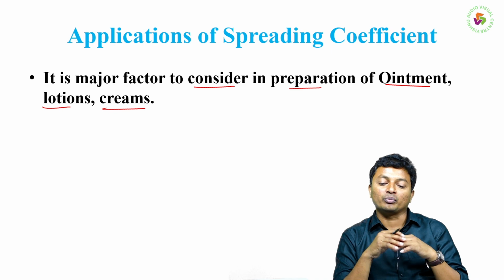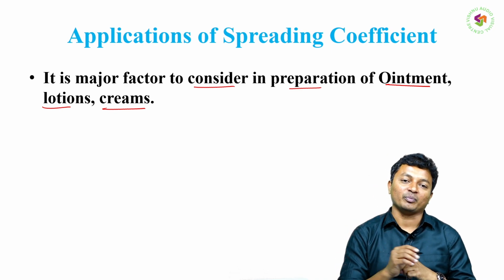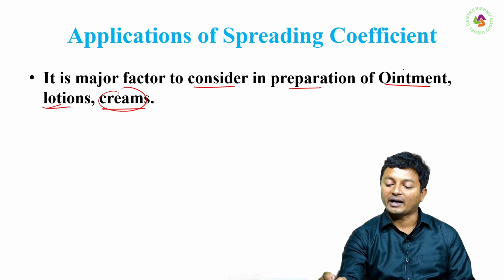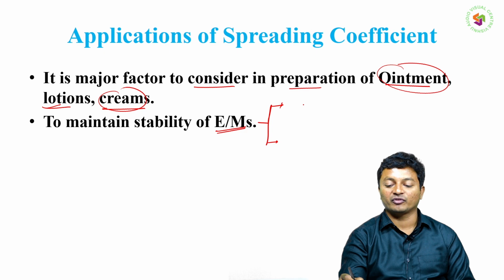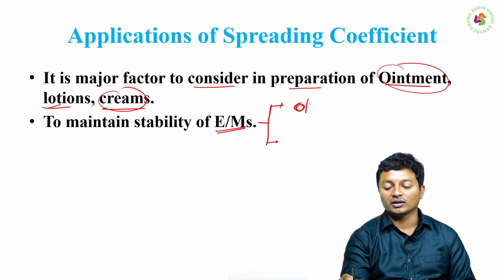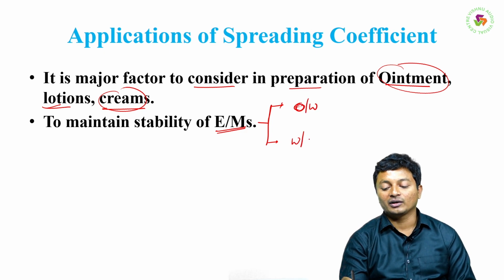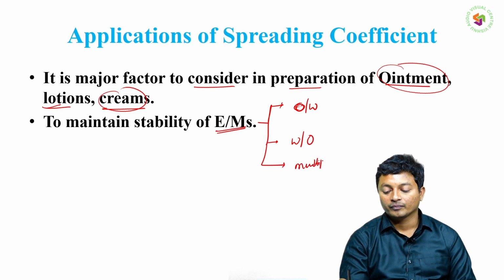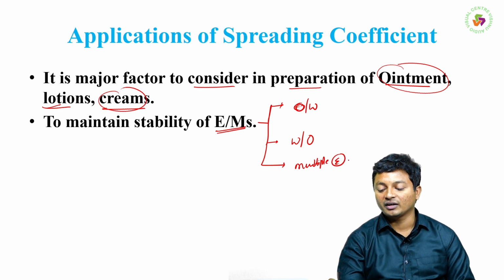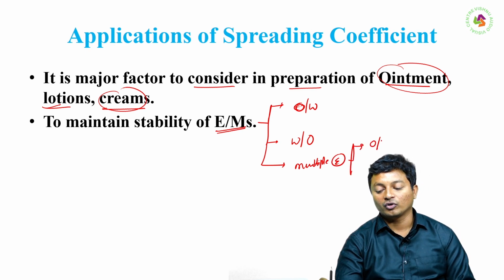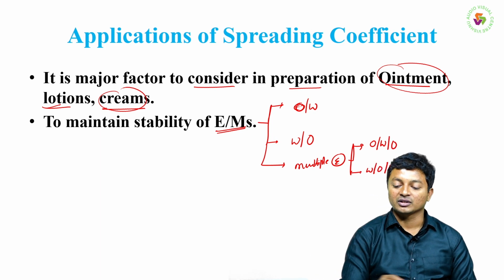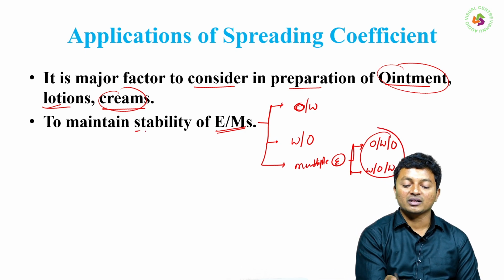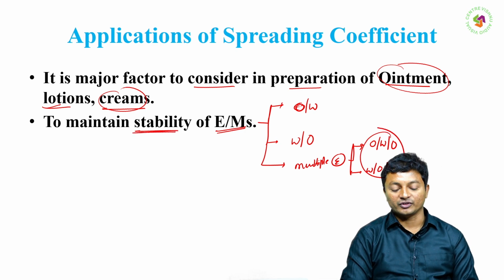That is the reason we need to maintain proper spreading coefficient values in their preparation. Also, to maintain the stability of emulsions, like oil in water and water in oil types, and multiple emulsions such as water in oil in water, we need to maintain proper stability by adjusting the spreading coefficient.